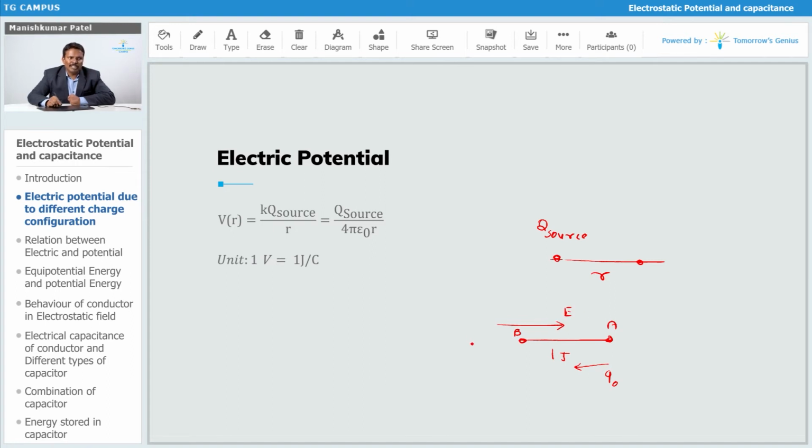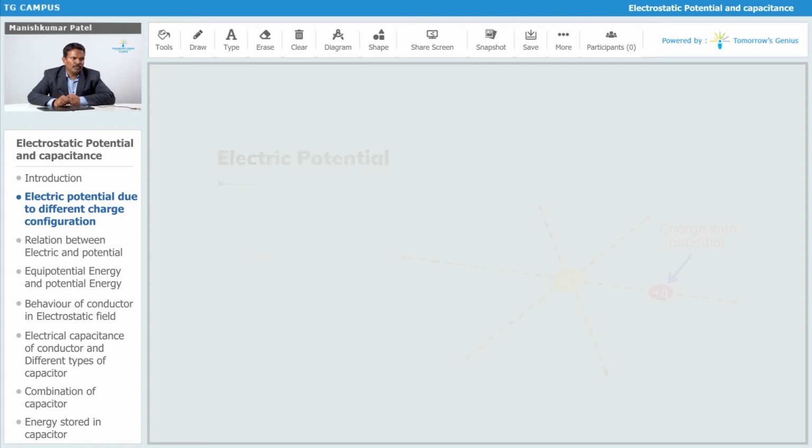Then that potential will be 1 volt. In another way, when the amount of work done is 1 joule in bringing the charge from end A towards B, then the potential between these 2 points is said to be 1 volt.